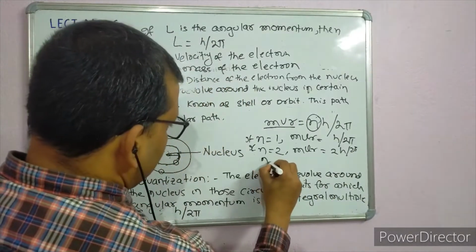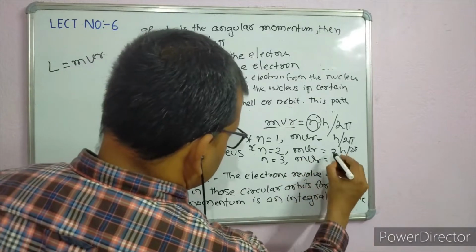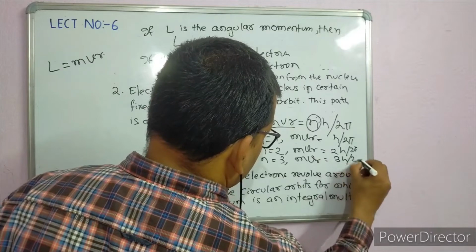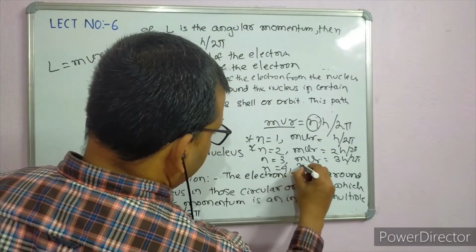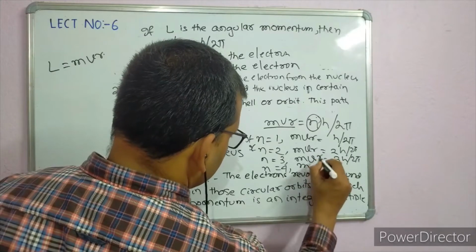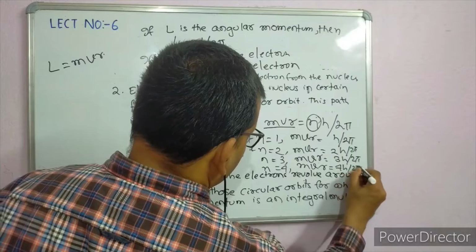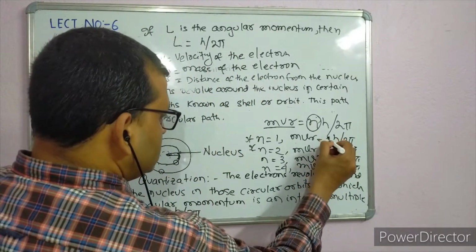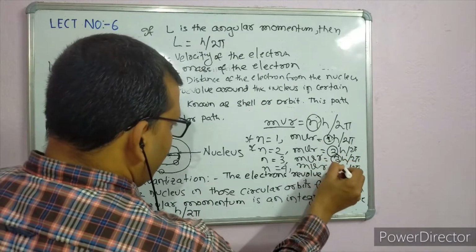For n equal to 3, mvr is equal to 3h by 2 pi, and for n equal to 4, mvr is equal to 4h by 2 pi. So this part should be an integer, it is the value of n.